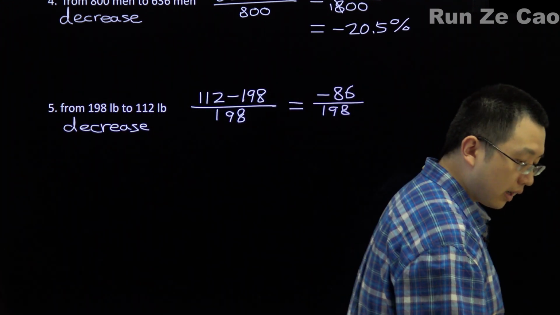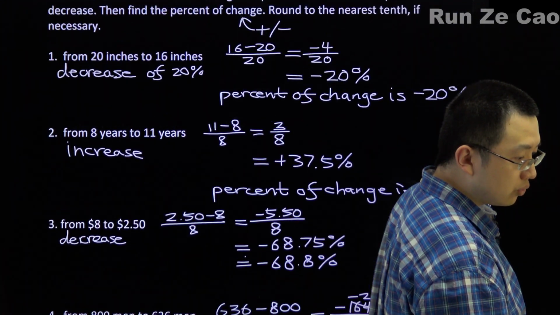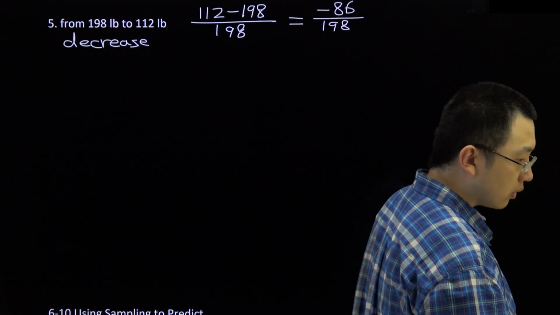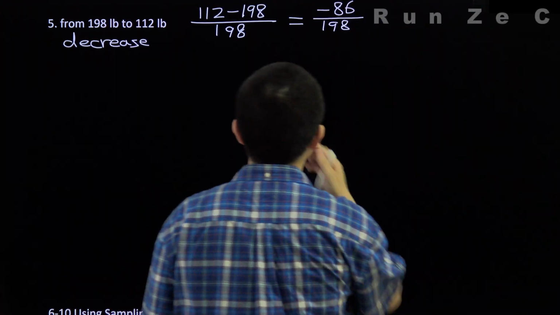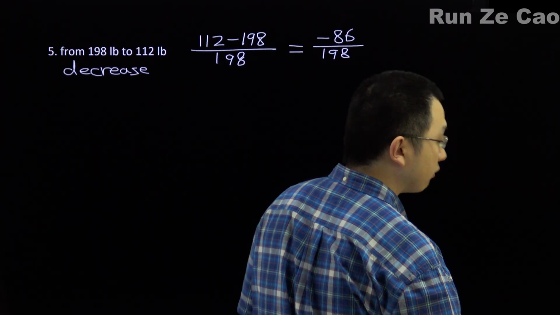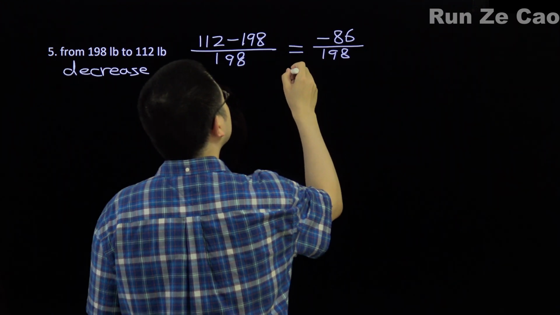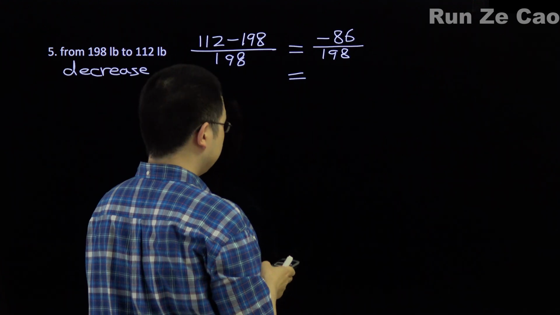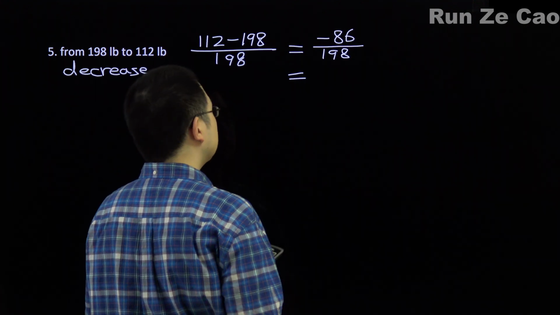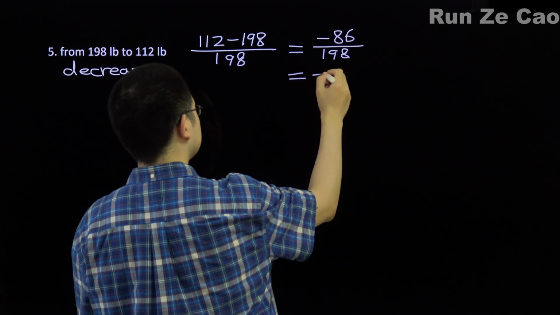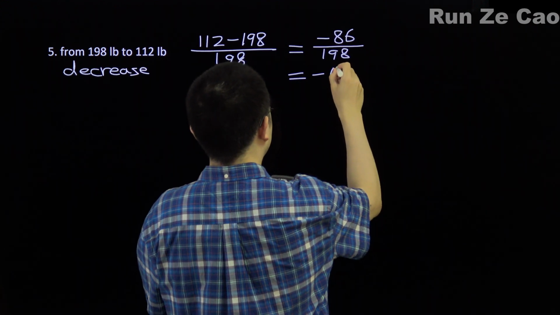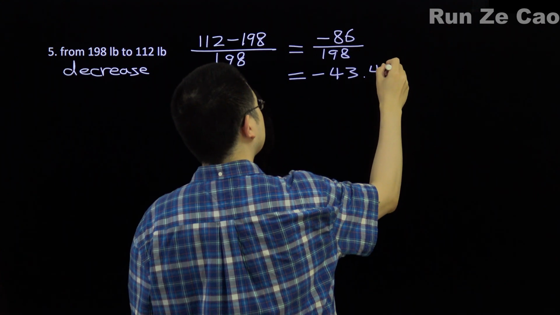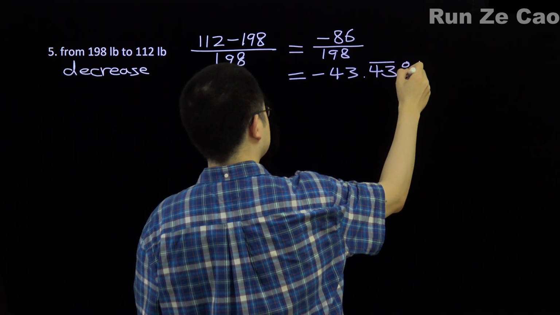Yeah, we're going to have to go with the round to the nearest tenth. So that's going to be, oh, it's a bit far. 86 divided by 198. Oh, it's negative 43.43 repeating percent.